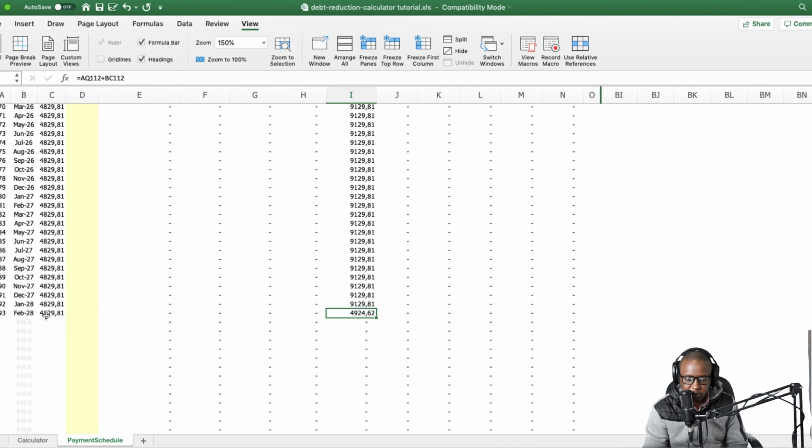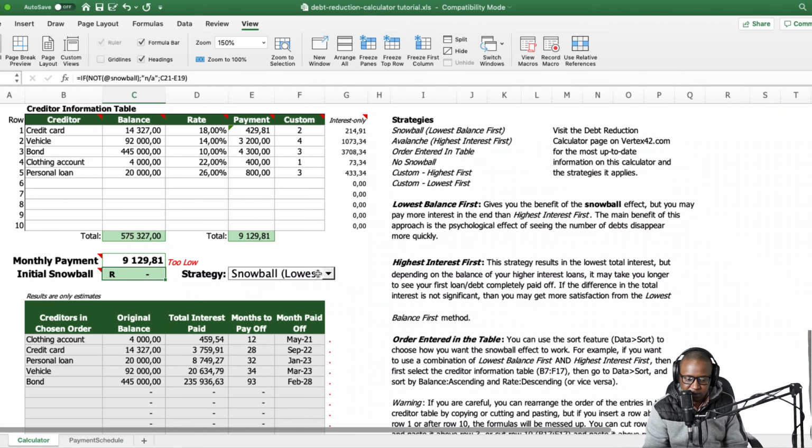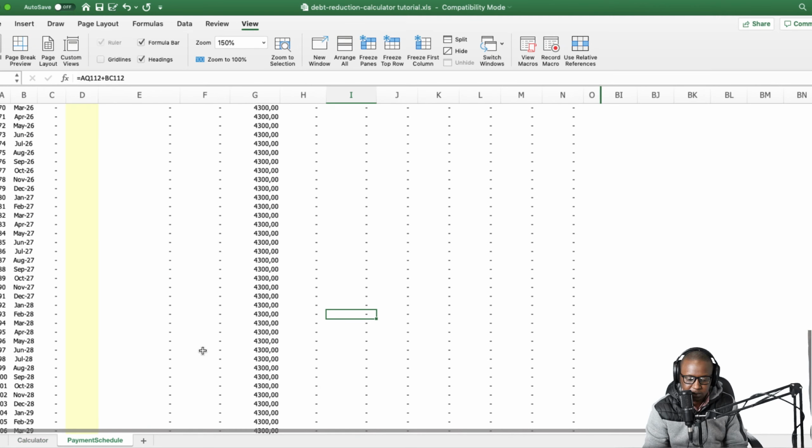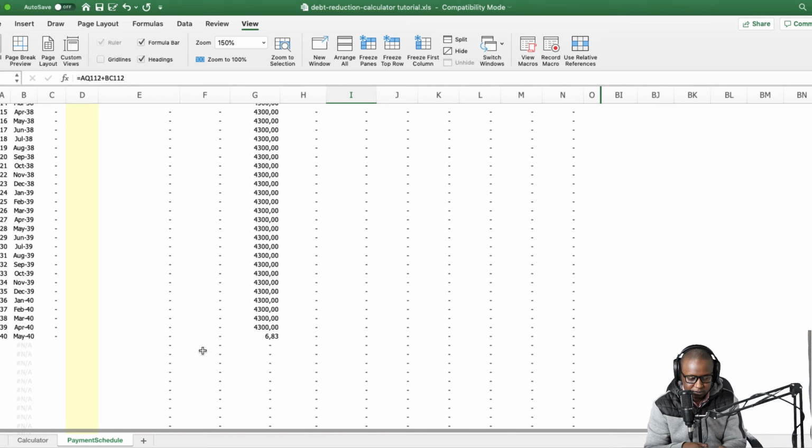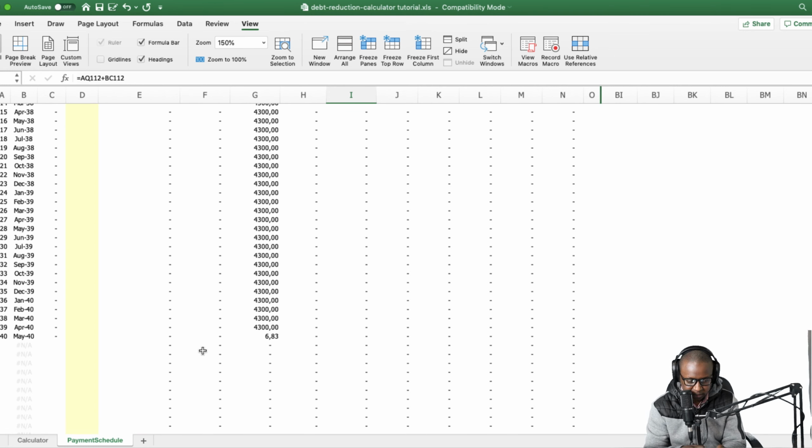So you'll finish your bond in 112 months instead of, how much was it? Instead of 259 months. So how many years are you saving then?